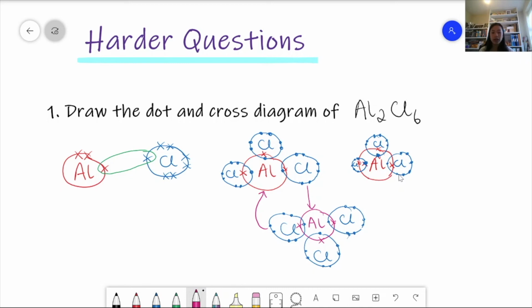So the way we would draw that would be just to put these 2 together. So you'd have the aluminium and then the 3 chlorines, and then another aluminium like this, and then a chlorine which would be like this.